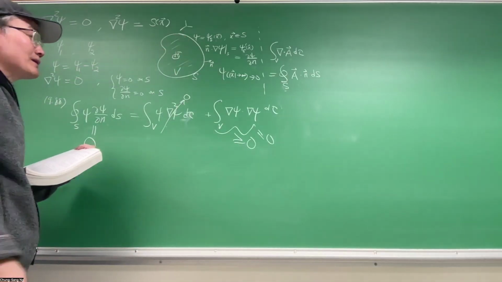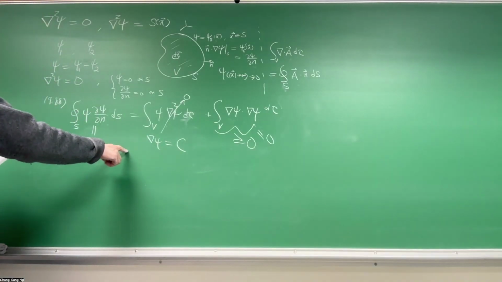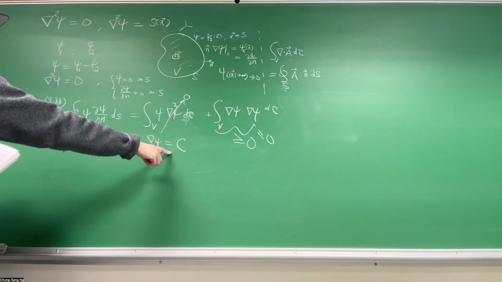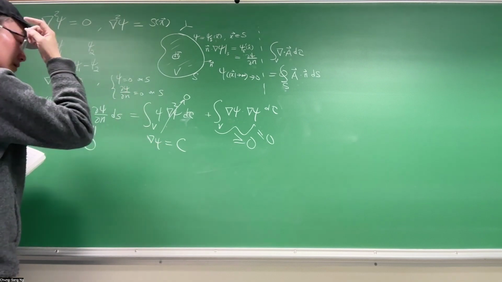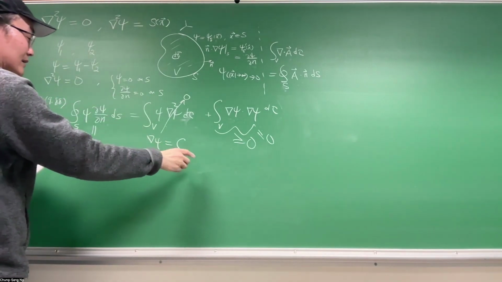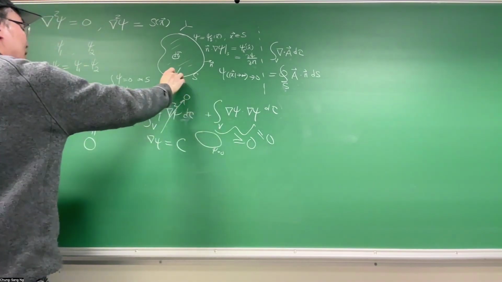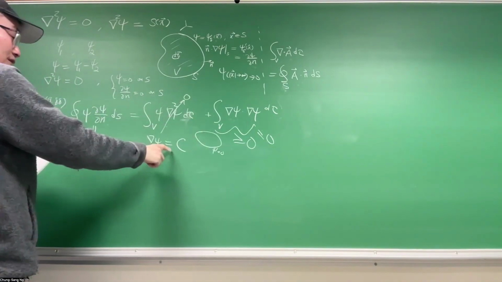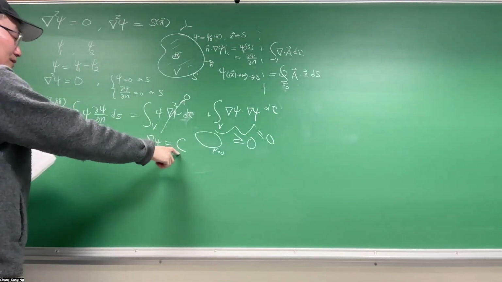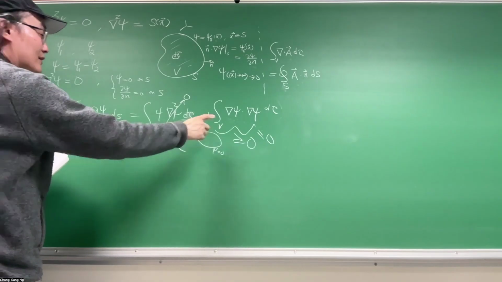But for the Dirichlet problem, psi is already zero on the surface, so this constant obviously is zero, because if it's not zero, psi would not match the boundary.